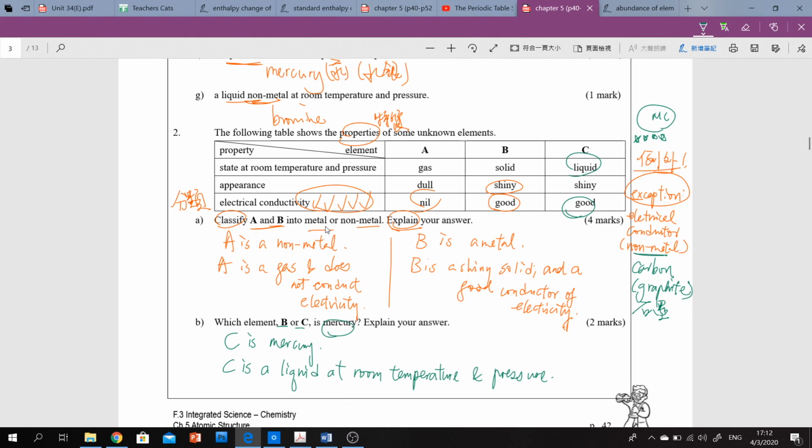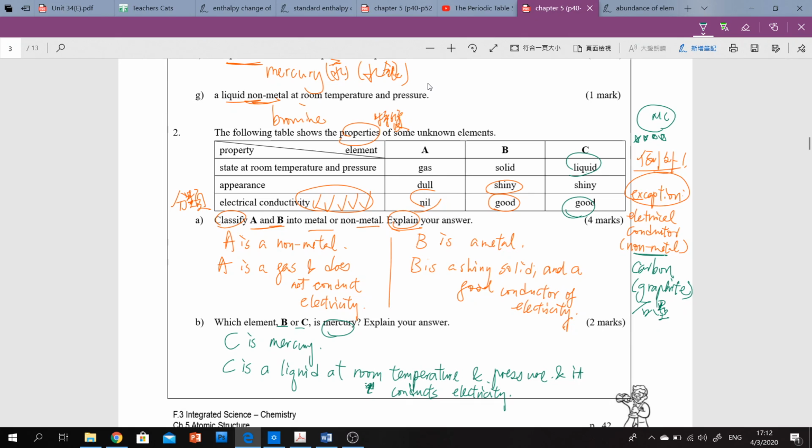And what's more, as said before, it conducts electricity. So this is what I would like to talk to you about this checkpoint.